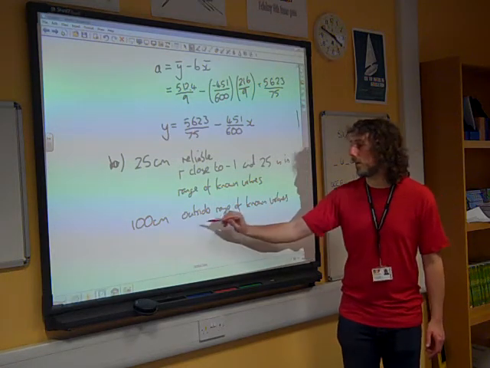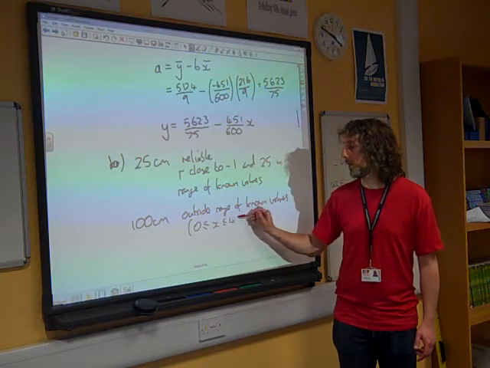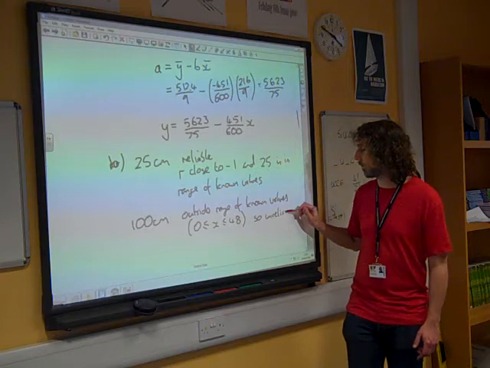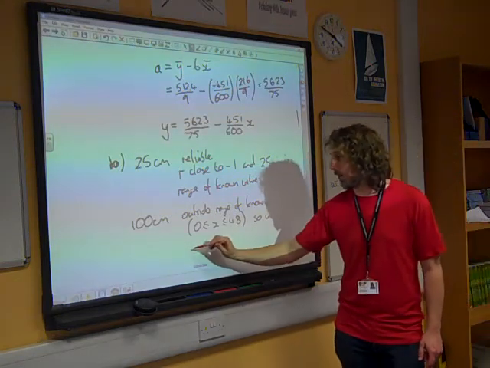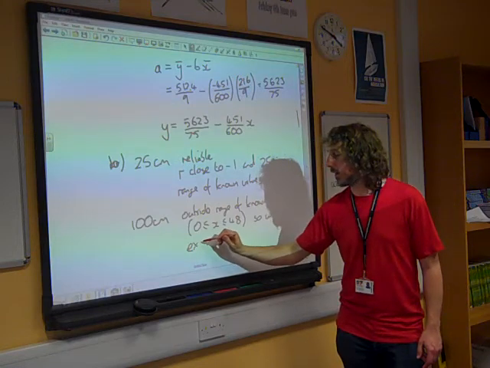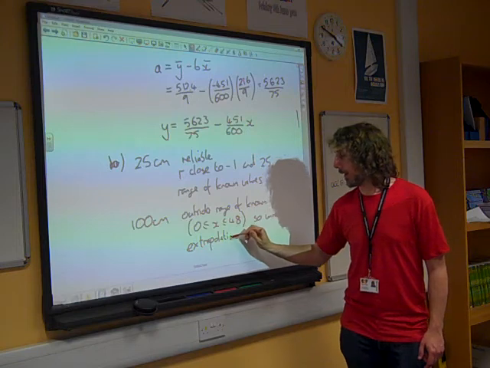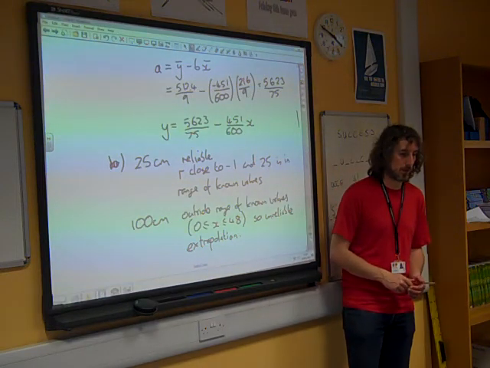We only know about x between 0 and 48, so it's unreliable. If you want to use the good word in here, you could say it's extrapolation to emphasise that fact.